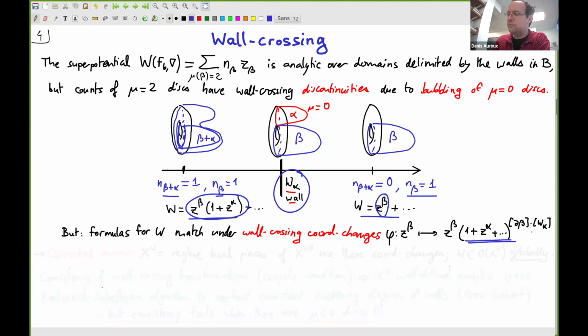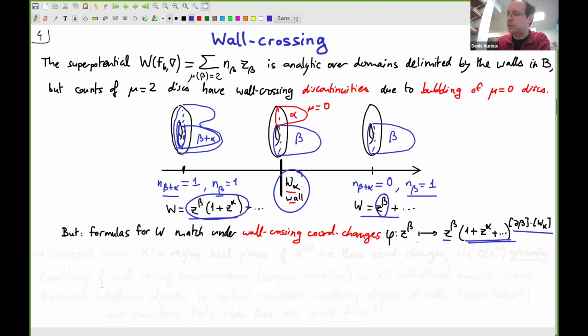And you should raise that to some power, which is the intersection number between the boundary of your given disk and the wall. It's a combinatorial factor: how many ways do you have to attach to a disk of class β the stuff that happens at the wall? And each Z^β gets changed by that.